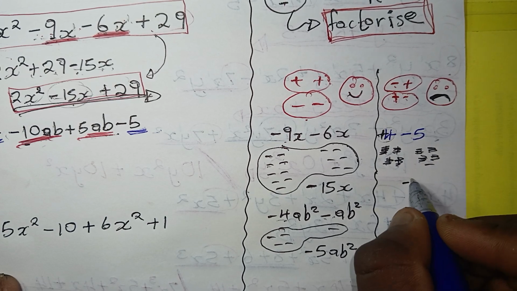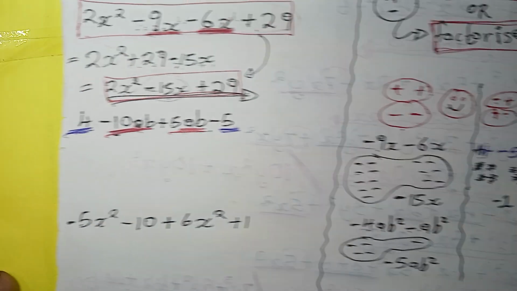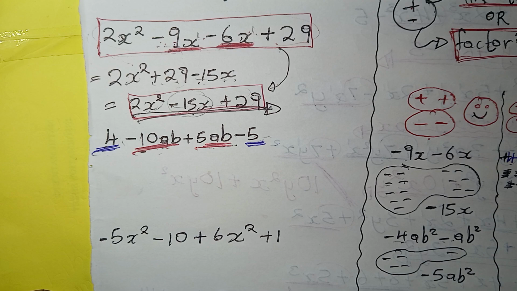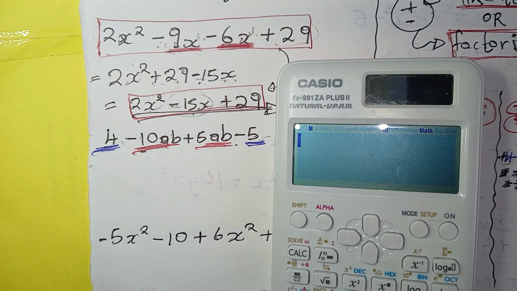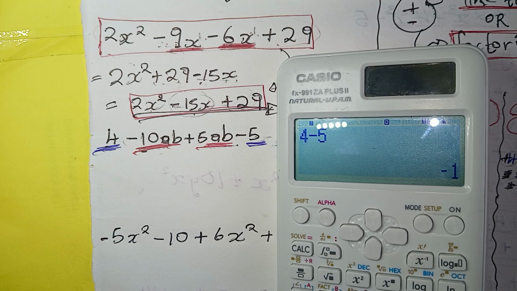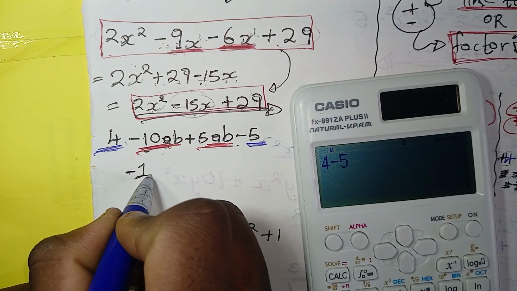Here we're left with minus 1. Do you see this thing? Meaning that if I combine this as like terms, even if you can use the calculator, if you say 4 minus 5, you'll get minus 1. Meaning this and that will fight each other. It will be minus 1.